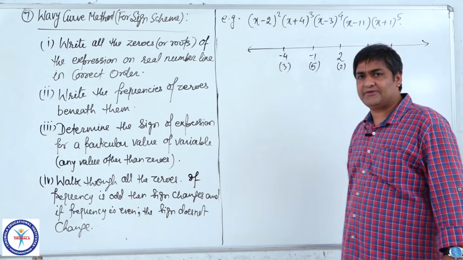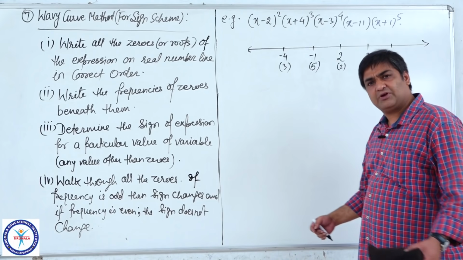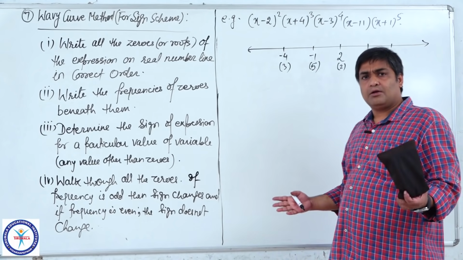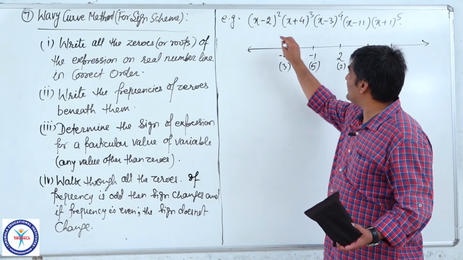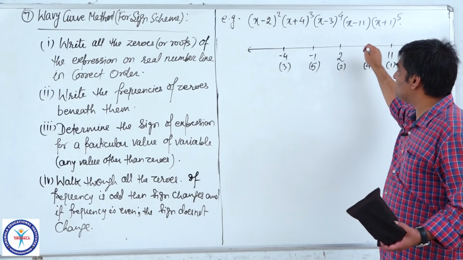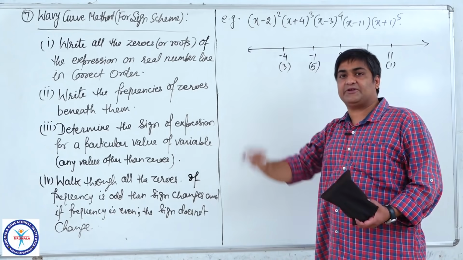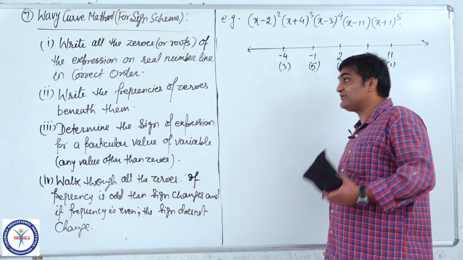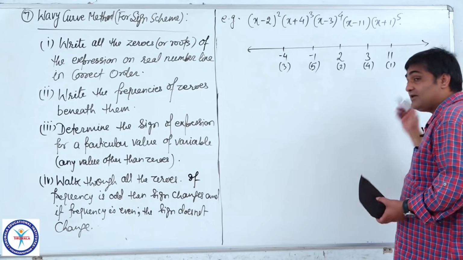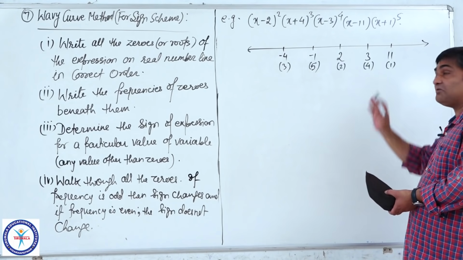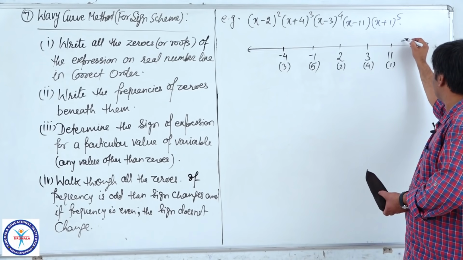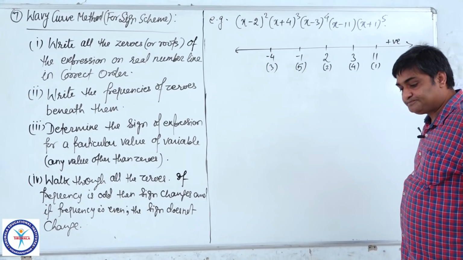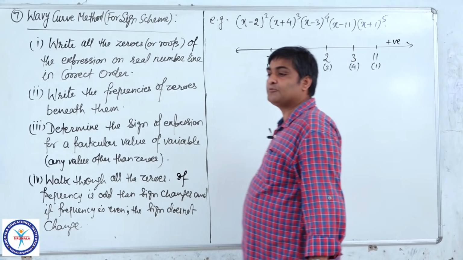The topic is sign scheme. We just have to tell positive value or negative value. So for x equal to 100, all the factors are positive. So what will be the sign of this expression? Positive. And where is 100 on this number line? So here write positive.